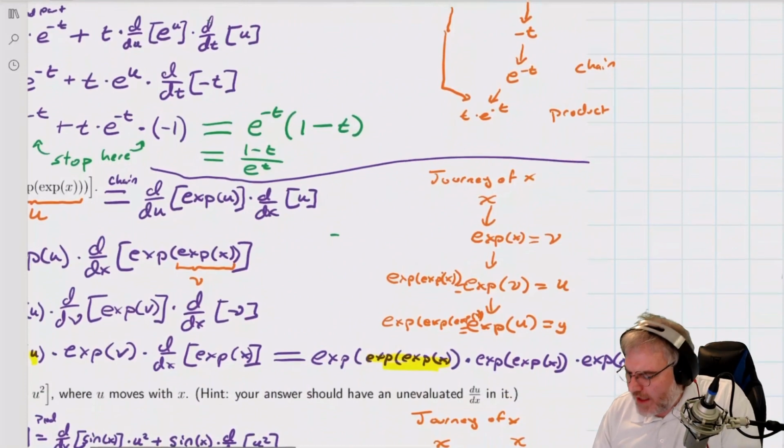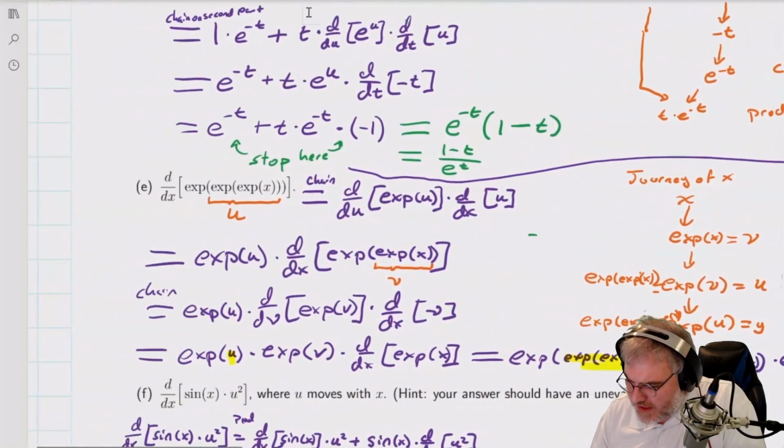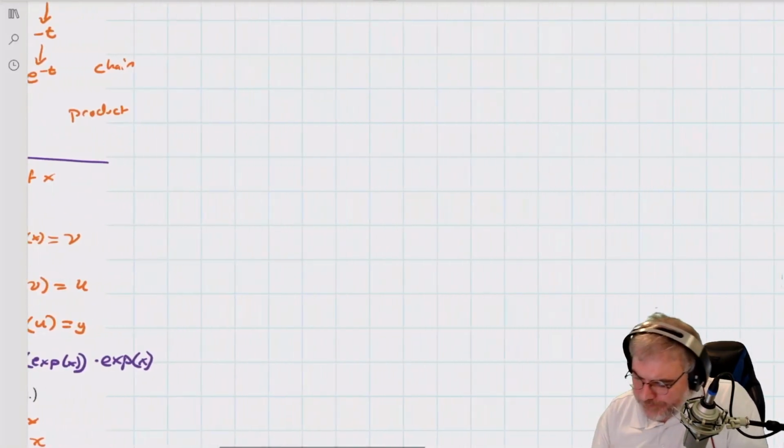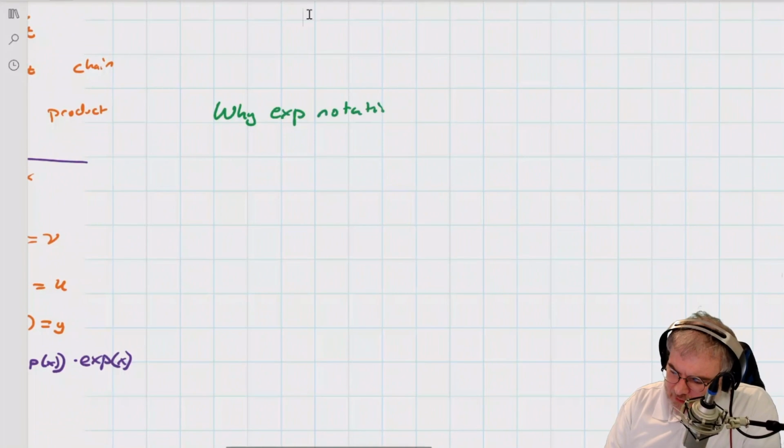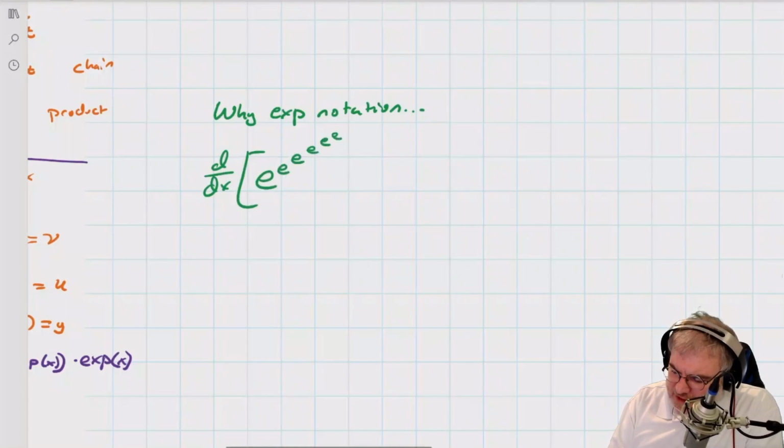So why do I use this notation, the EXP? Why the EXP notation? Would you like to do the derivative with respect to x of e to the e to the e to the e to the e to the e to the x, please?